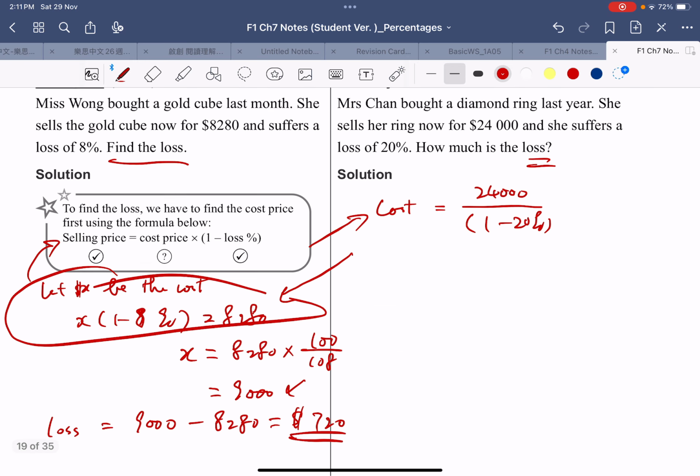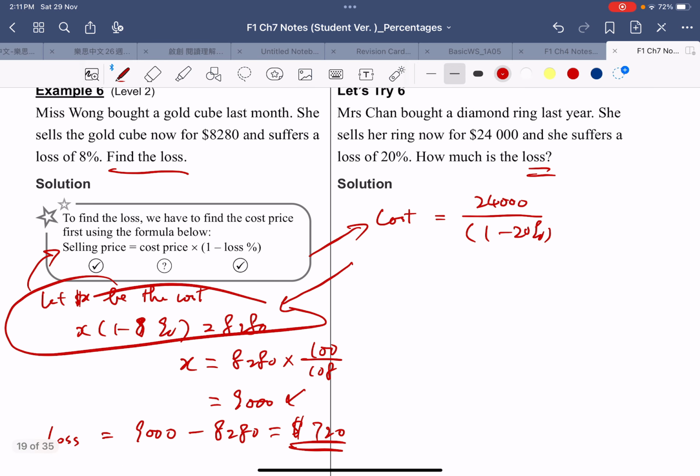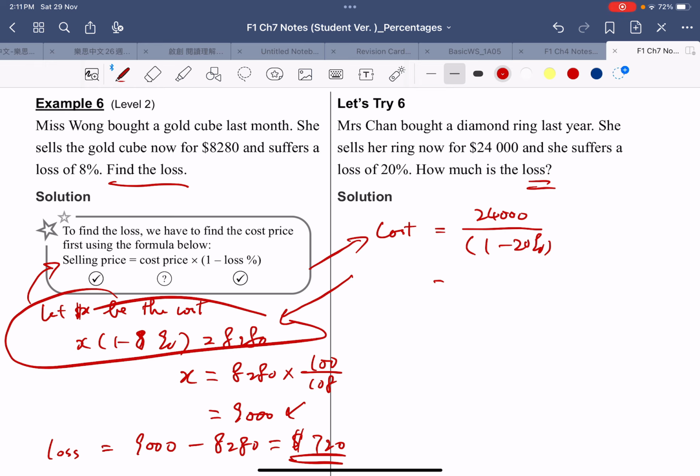If you are able to do this, then it will be faster. So just do some calculation, and then the cost is this amount. And then the loss, not lost.